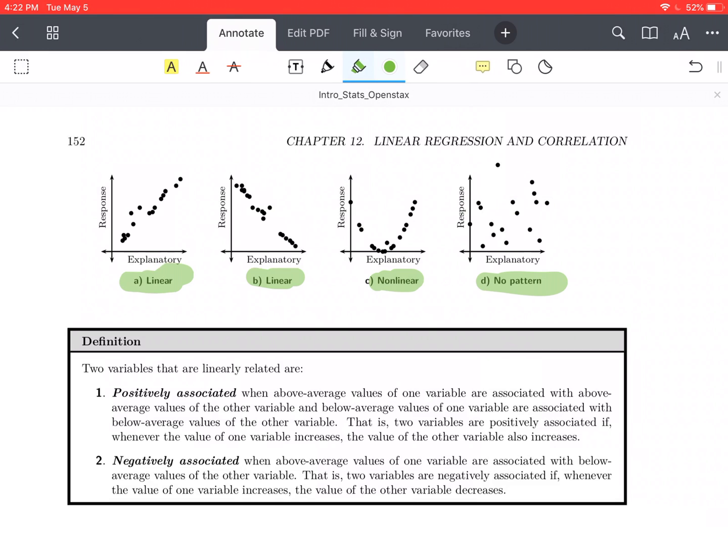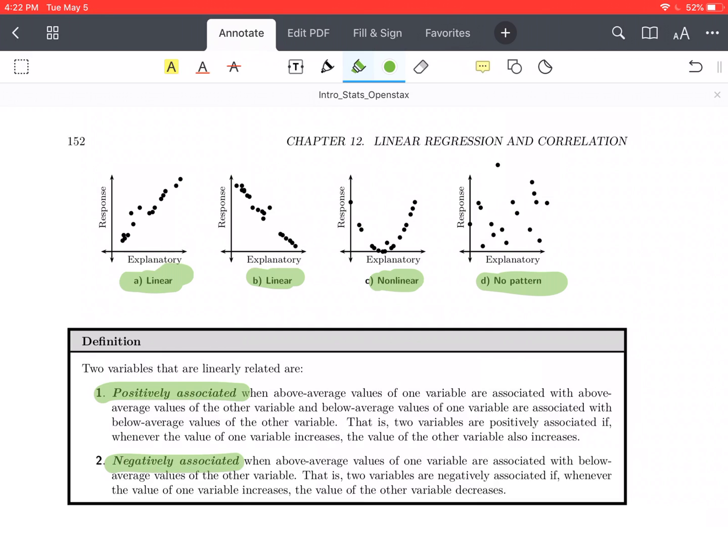Now, if we have this linear relationship, there are 2 different types. There's positively associated, which is when, as the explanatory variable increases, the response variable also increases. Low values correspond to each other and high values correspond to each other.